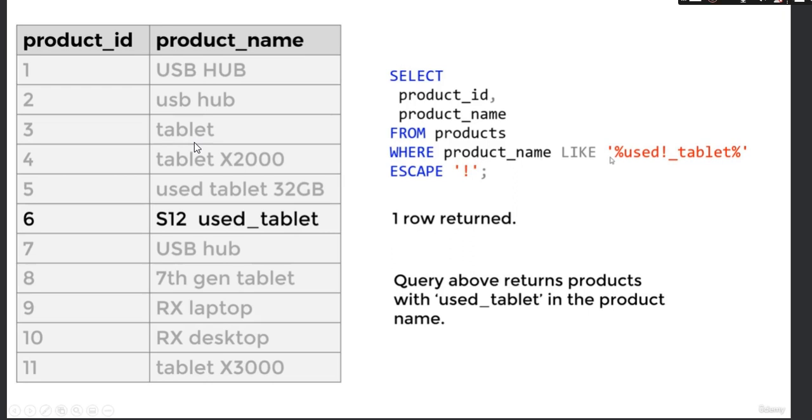Then after the literal we have the keyword ESCAPE, and then we specify what character we are using as the escape character. This tells SQL to interpret the underscore as an actual underscore and not as a wildcard character.